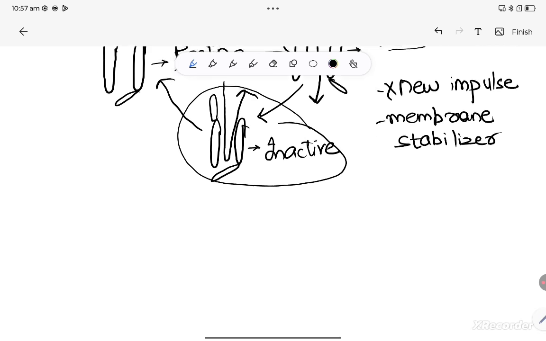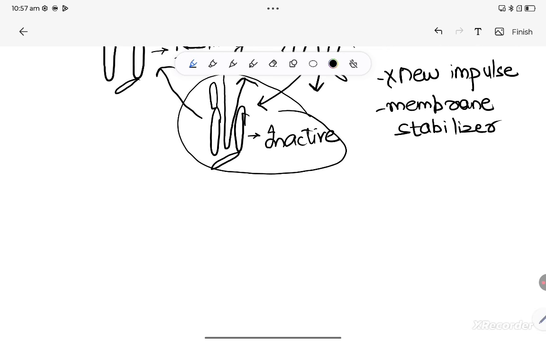Now, what are the drugs which can block the sodium channels or prolong the inactive phase of sodium channels? These drugs include phenytoin as well as fosphenytoin.